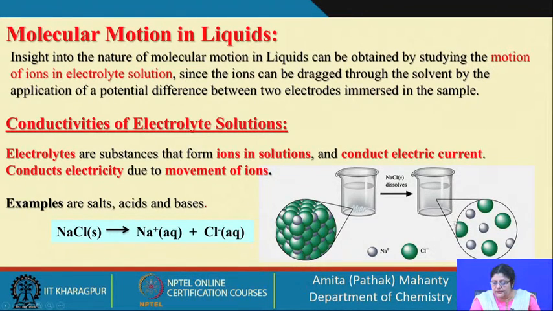They become ions and are dispersed in the solution medium. So, the electrolyte substance forms ions in solution, and these ions, across a potential gradient, will conduct electric current. The electric current generated is a reflection of the ions moving in the solution medium.